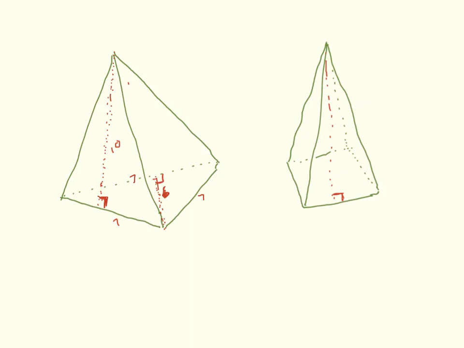For our purposes, we don't even care what the edge of that triangle is, because it doesn't factor into the formula. The base is 7, the height is 10, and we have 3 of them, and they're identical.